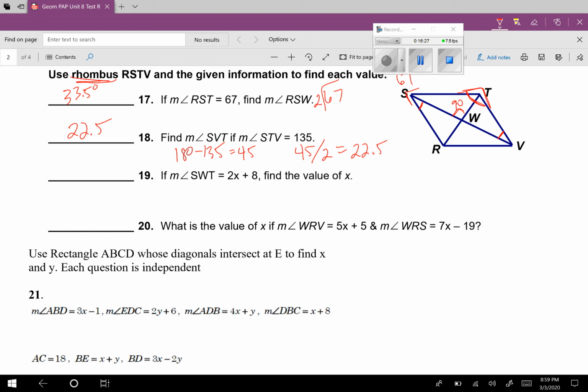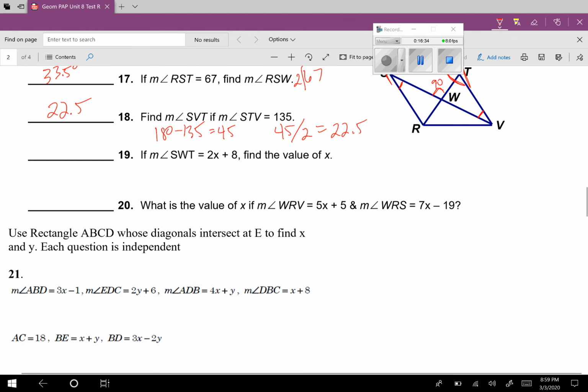Okay, again, they're two pieces of the same angle, so they are bisected, so they're equal to each other. So you should have 5x plus 5 is equal to 7x minus 19, and then you can solve that for x.